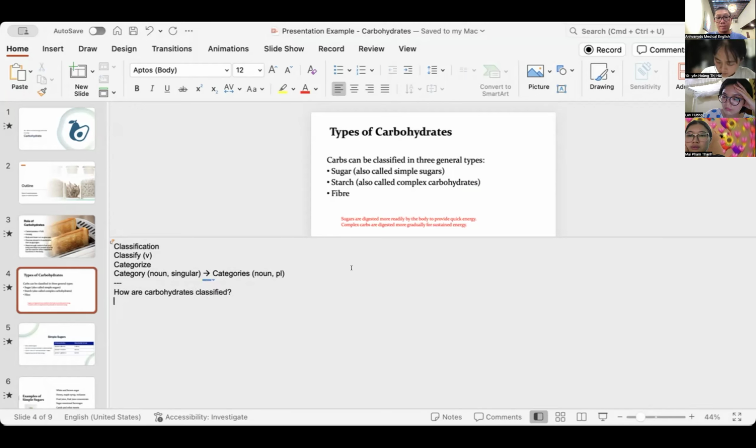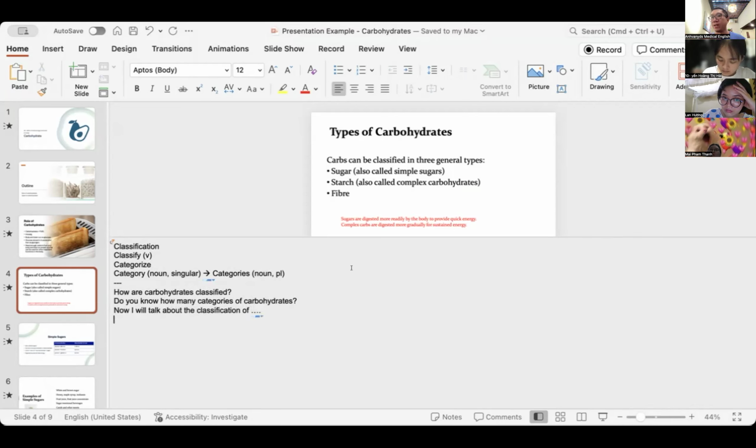Or do you know how many categories of carbohydrates? Or you can make some introduction like, now I will talk about the classification of something.